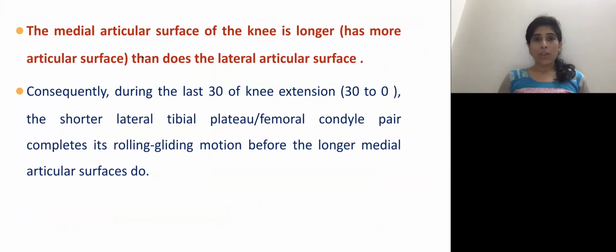As we all know, the medial articulating surface of the knee is longer than the lateral articulating surface. So consequently, during the last 30 degrees of extension, the shorter lateral tibial condyle or femoral condyle completes its rolling and sliding motion before the longer medial condyle or longer medial articulating surface does.